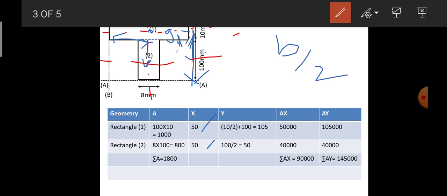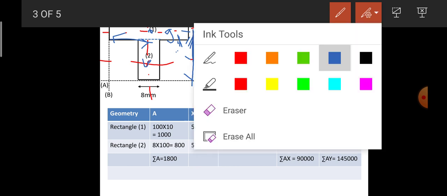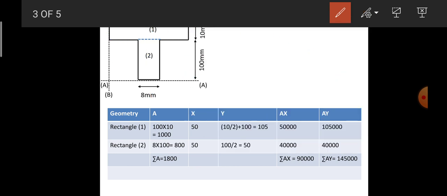So it is equal to 10 by 2 plus 100, that is 105 mm. Similarly, for the second rectangle, it is exactly half the depth of rectangle 2, so it is 100 by 2.